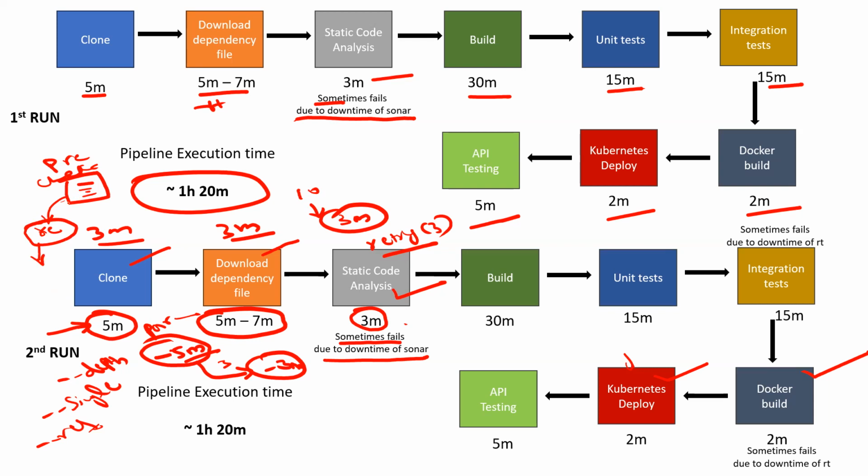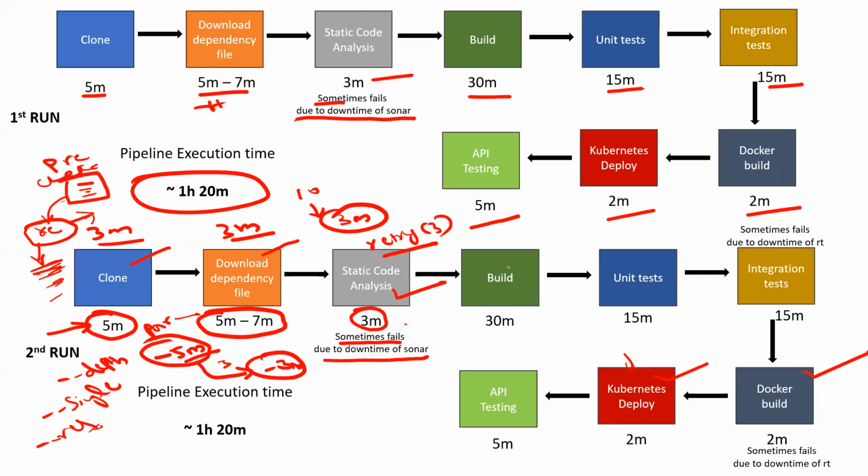When something fails in the pre-check, you can reply saying there is some tool downtime, retry after some time, so the developer can concentrate on other work in the meantime. So developer feedback will be faster, and we have saved resources, and when we save resources, the cost in Jenkins will also be saved a lot. So this is what I would like to implement: retry and also a pre-check stage, so that I can check the health of all the dependent tools at the beginning itself.